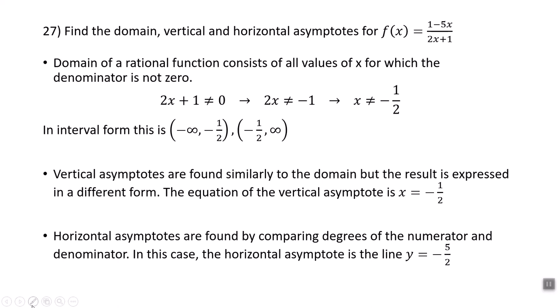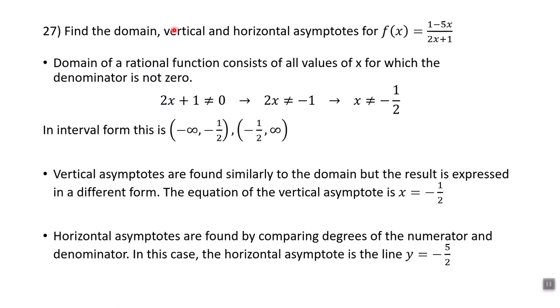I set it not equal to 0, literally not equal to 0, and I use the same techniques to solve a non-equation that I would an equation. I'm going to subtract 1 from both sides, divide by 2. X cannot be a negative 1/2, which means on our real number line, we pick out the number negative 1/2 and it can be everything else, so interval form.